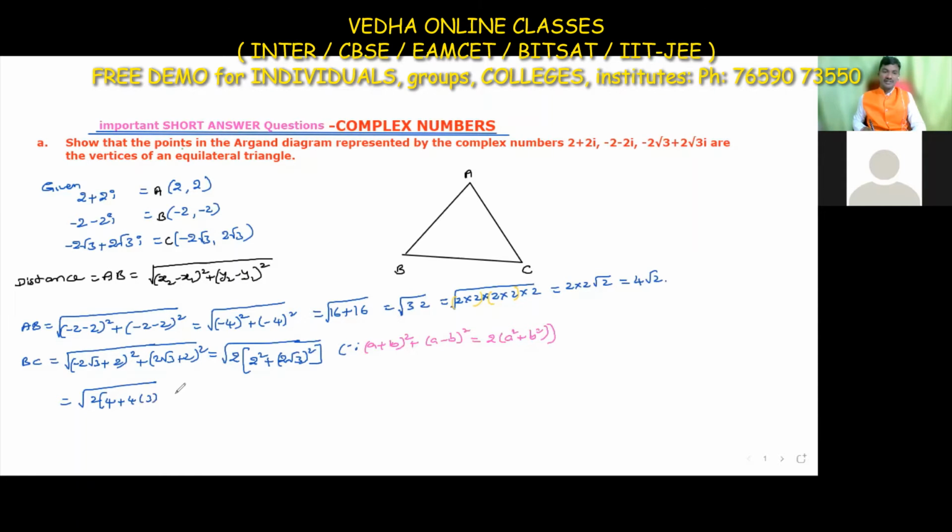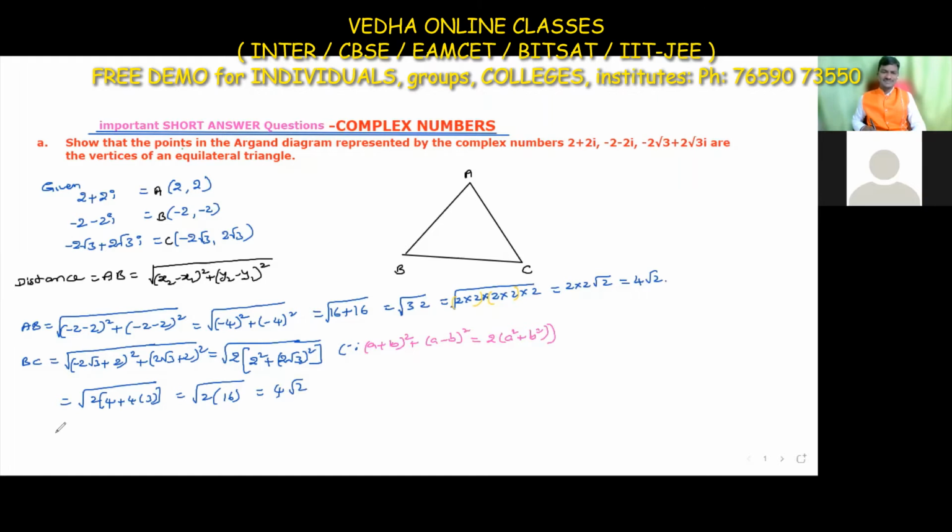Now this is the square root of 2 into (12 plus 4), which is 16, so we can write it as 4 root 2. BC is also equal to 4 root 2.